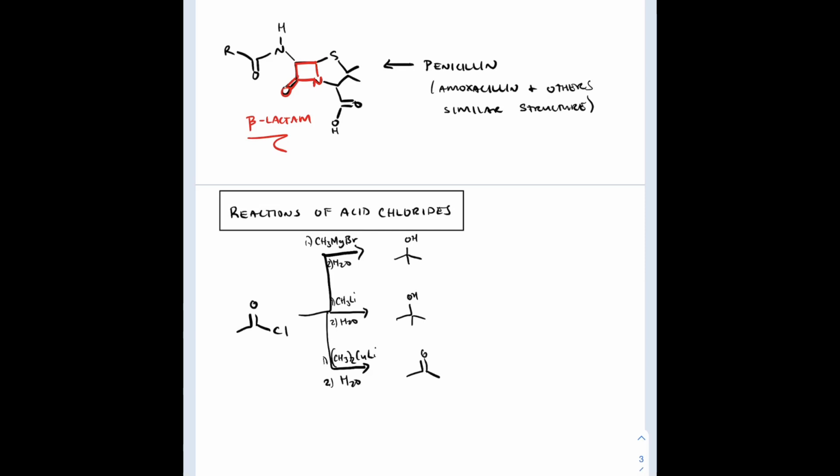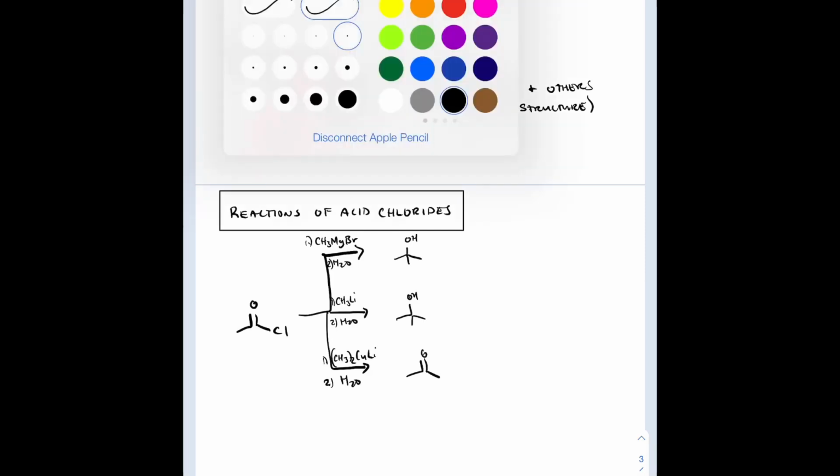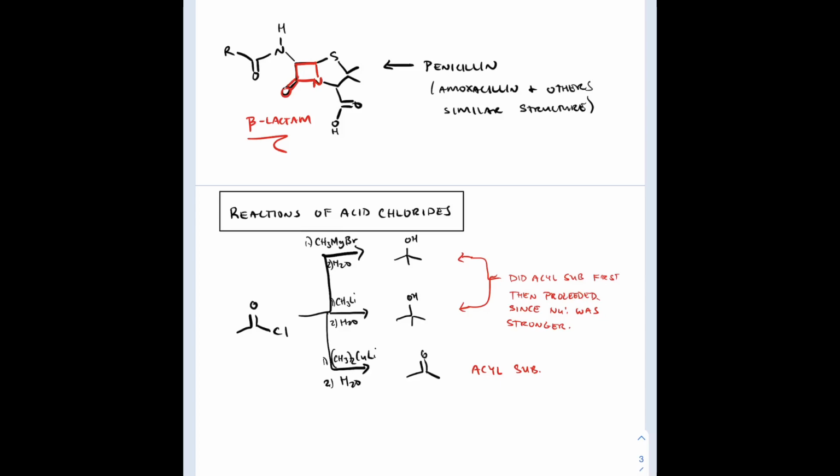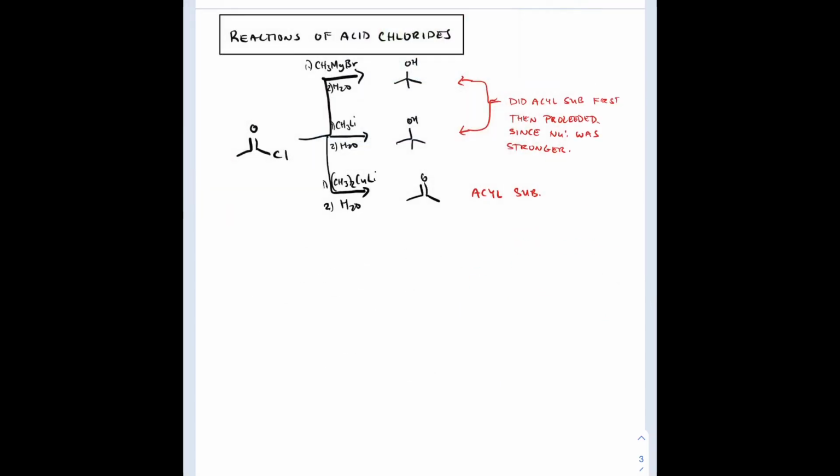However, the organocuprates only reacted once, and so those didn't give the alcohol like the other two, but it gave the ketone. And that would be an acyl substitution product, analogous to what we're discussing in this chapter. However, the other two did actually do acyl substitution first, but they were strong nucleophiles, so they just kind of kept moving on.